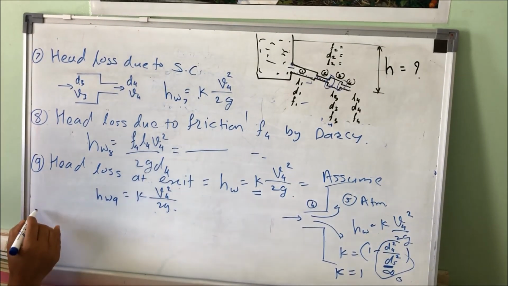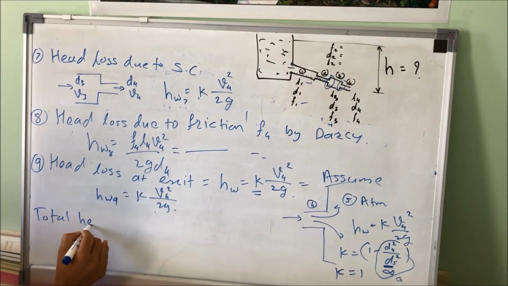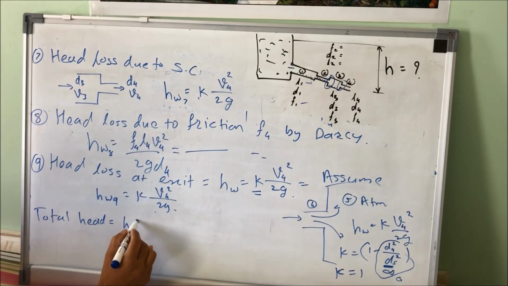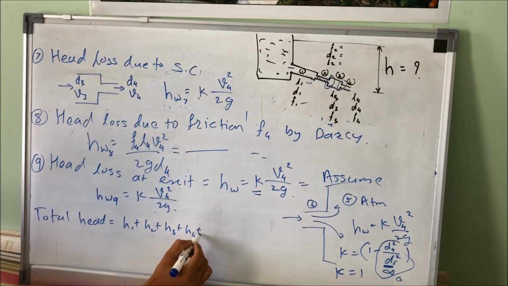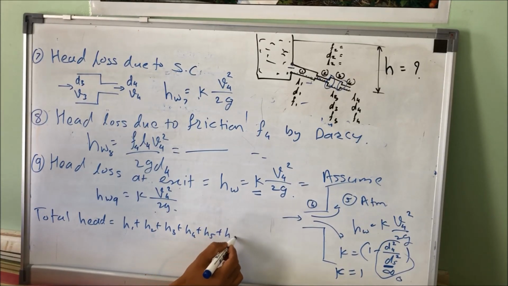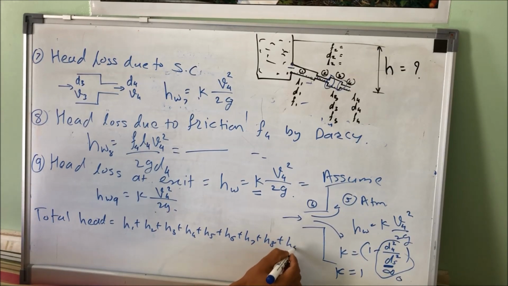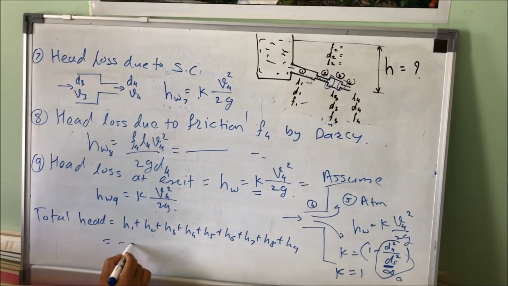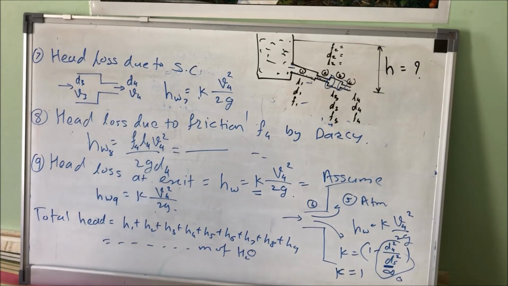So last, total head loss is equal to H1 plus H2 plus H3 plus H4 plus H5 plus H6 plus H7 plus H8 plus H9, and it should be in meters of H2O. Understand?